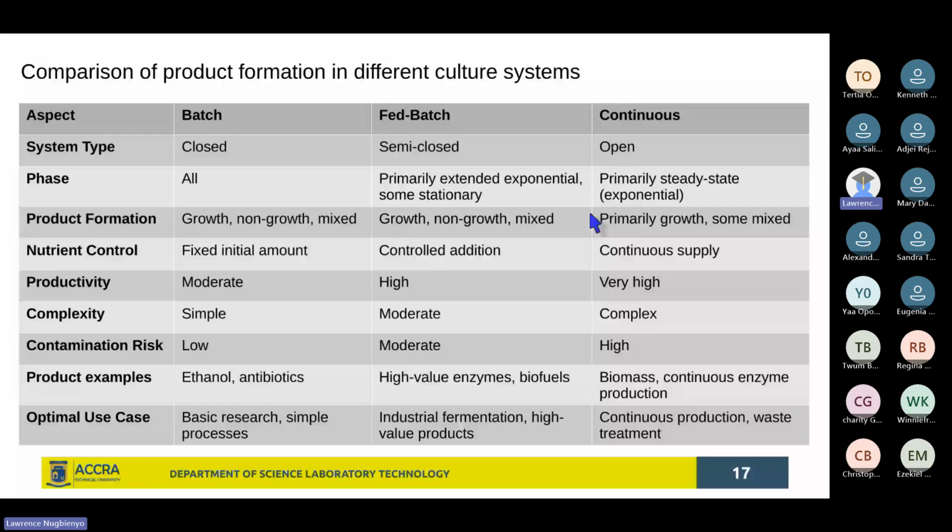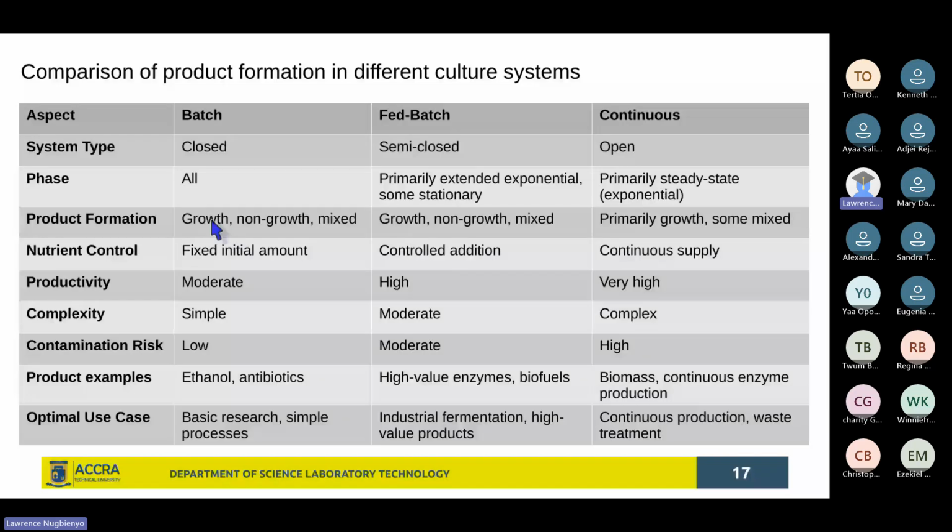And so, if you look at the things which we have just learned, and you apply it, then of course in a batch system you have growth, non-growth, mixed product formation, because we said the products are formed in all the phases. Which means you have a mixture. You have some of the products in the growth phase.